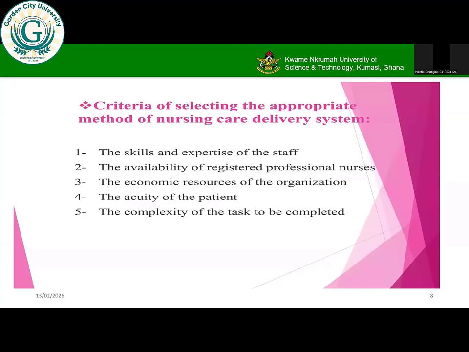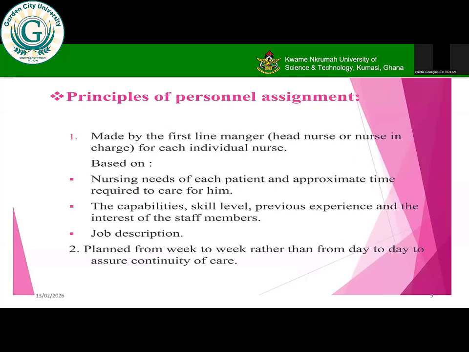Before you select a particular model to be used in your unit, you need to consider these criteria. And these are the principles. It's made by the first line manager who is supposed to use the framework. The in-charge can use it.